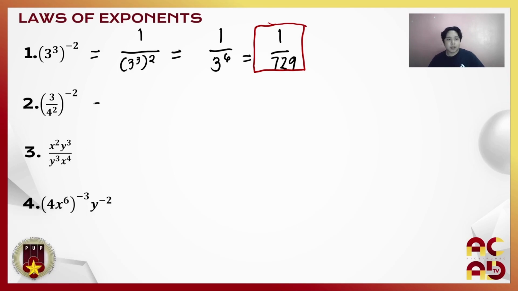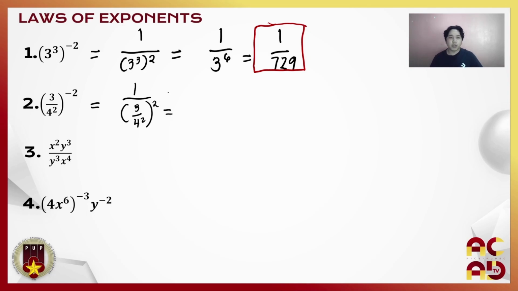We have 3 over 4 squared, quantity raised to negative 2. Here, we see that there is a negative exponent again, so what we should do is take the reciprocal. It becomes 1 over 3 over 4 squared, quantity squared.